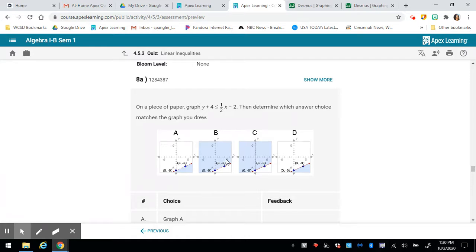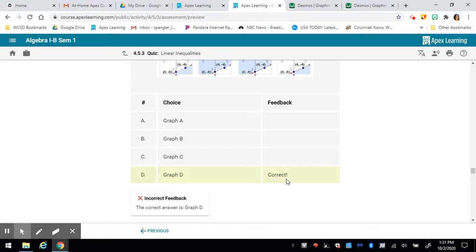We know that it's going to be a solid line because it's equal to. We know that the shading is going to be pushing down because it's less than. So we know that our answer has to be D.